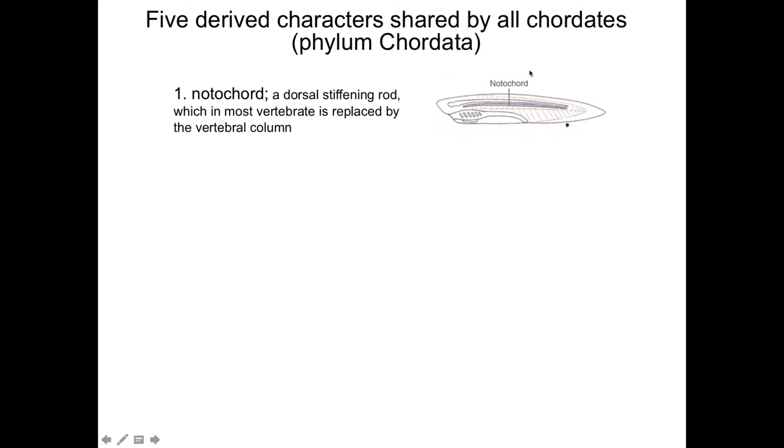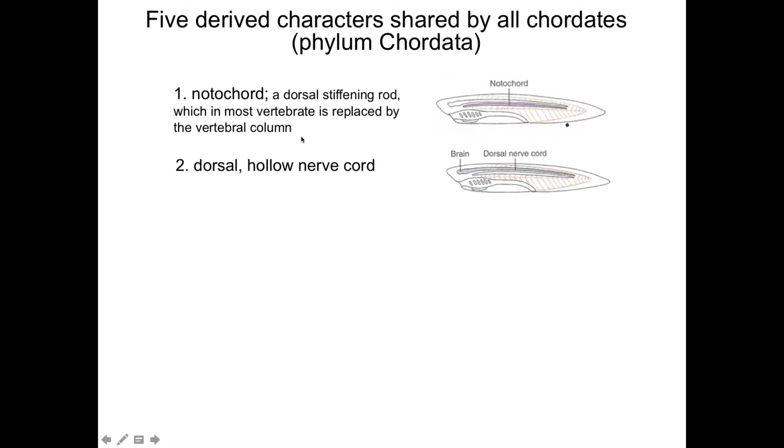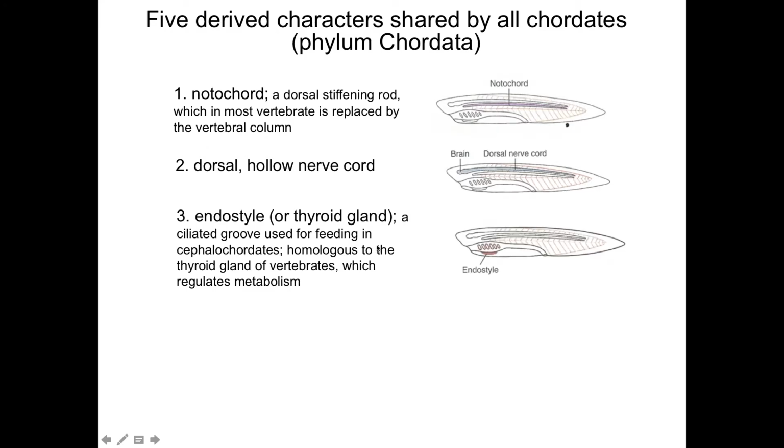So there are 5 derived characters that are shared by all chordates that really define the phylum Chordata. Those 5 derived characters are one, a notochord, which is a dorsal stiffening rod, which in most vertebrates is replaced by the vertebral column. 2, a dorsal hollow nerve cord on top of the notochord. 3, a gland called an endostyle in early vertebrates, which is homologous with a thyroid gland in more derived vertebrates.